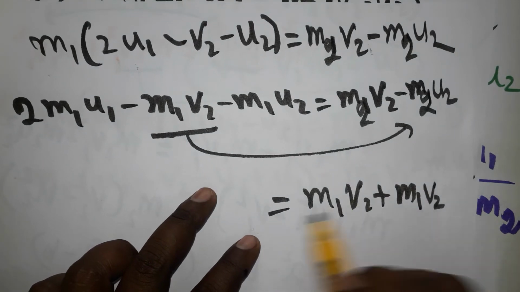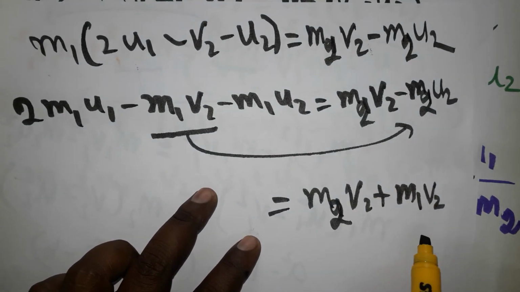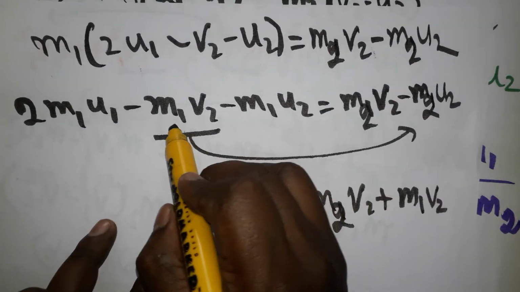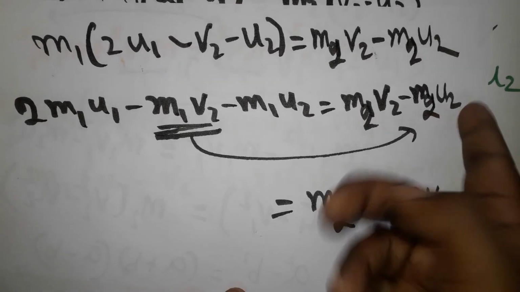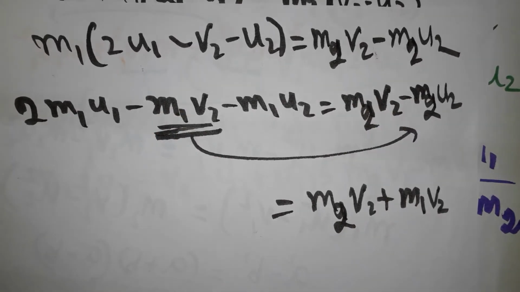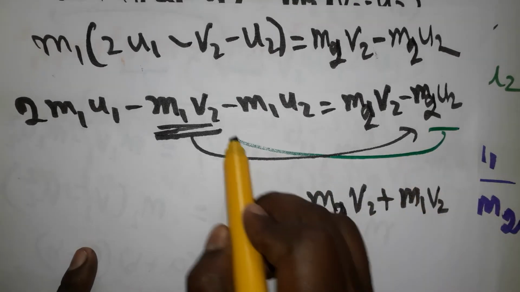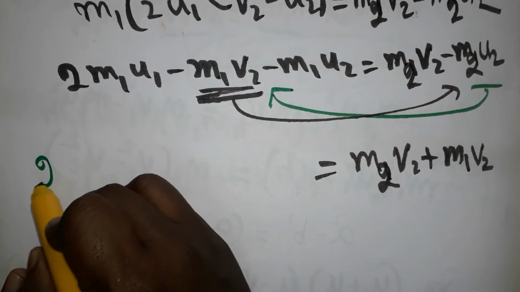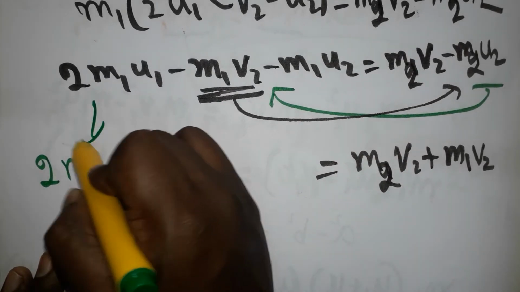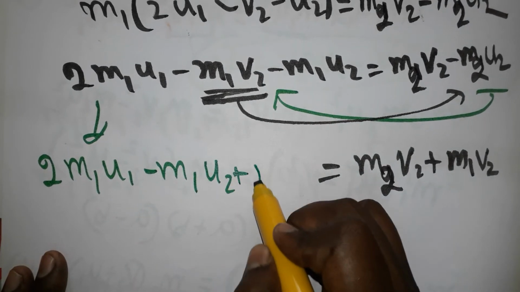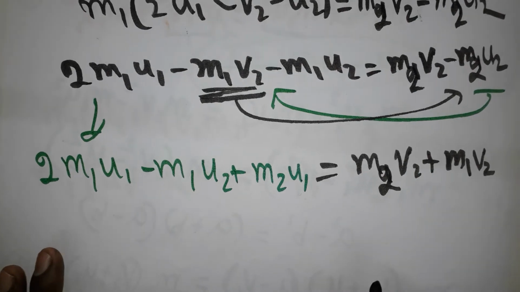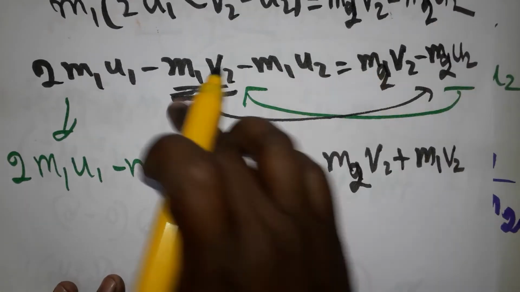All v2 I am bringing to the left side, so this term goes from the left-hand side to the right-hand side, and the negative sign becomes positive, the remaining stays as it is: 2 m1 u1, then minus m1 u2 plus m2 u2. Sorry, u2. This I am bringing to this side.